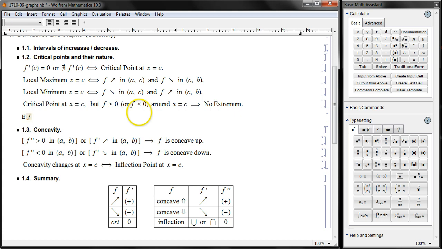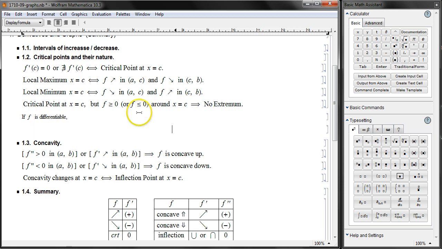If f is differentiable, we can have this kind of conclusion. We're having a local extremum at x equal to c.